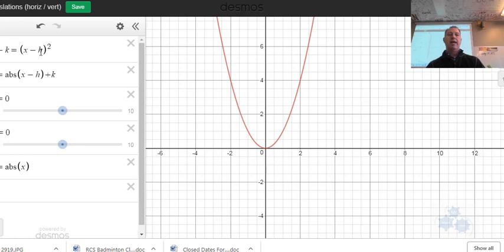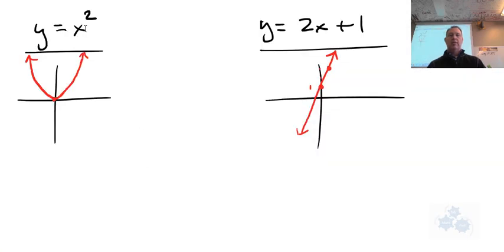I've got k and h equal to 0 and 0. Does that make sense back here? There's nothing subtracted or added to x inside this function, and there's nothing added or subtracted out here, so there would be zeros both ways. Another way to write this would be y equals x minus 0 squared plus 0.